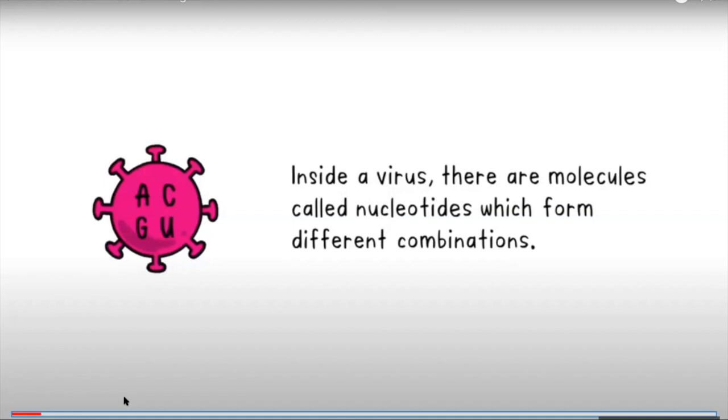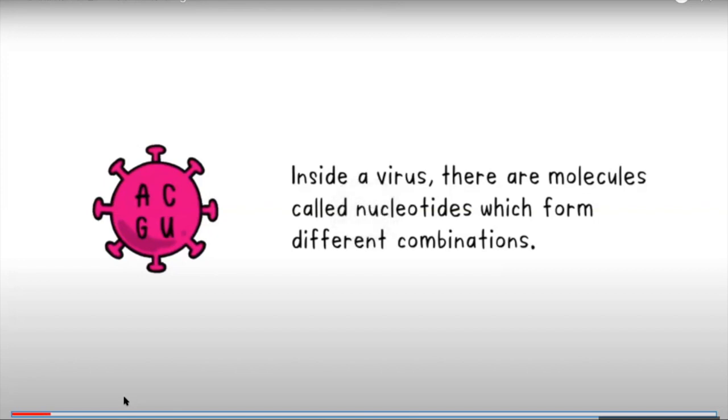So if you look at the cell, remember this picture of the virus. The spikes are there, and then inside, I showed you those squiggly lines on the initial picture. That's the genetic makeup of the virus. And then there are molecules inside which form different combinations, and that's what we call a genetic sequence. All of our cells have a genetic code.